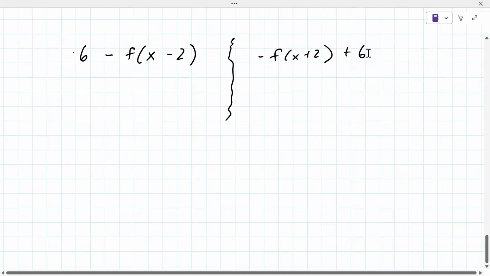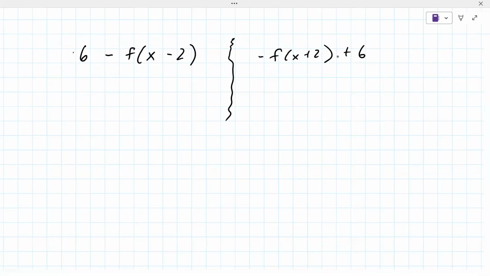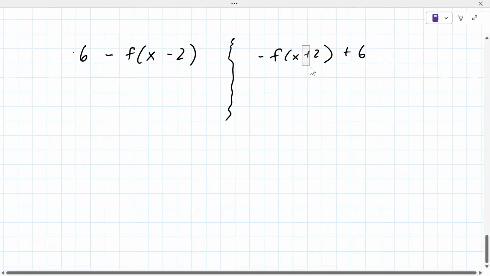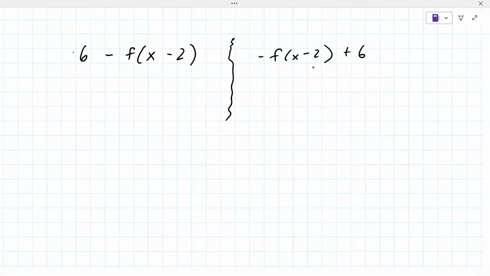This 6 is really added at the end, but it's not written that way. Sorry, I apologize, it's a minus there. But then the x minus 2, that would be the y.